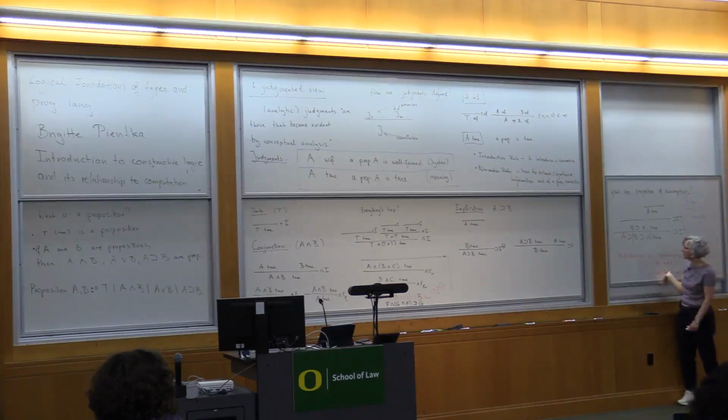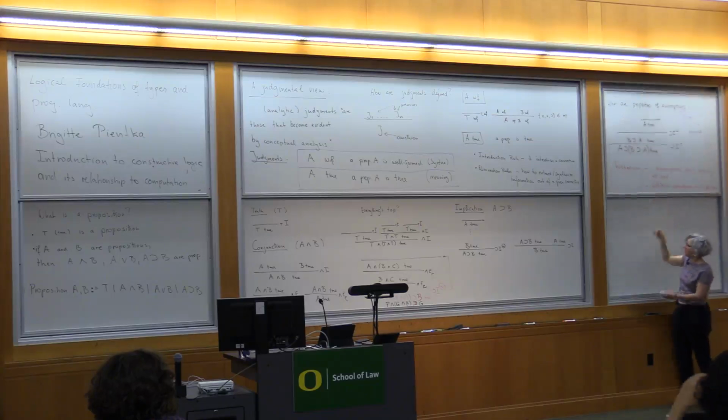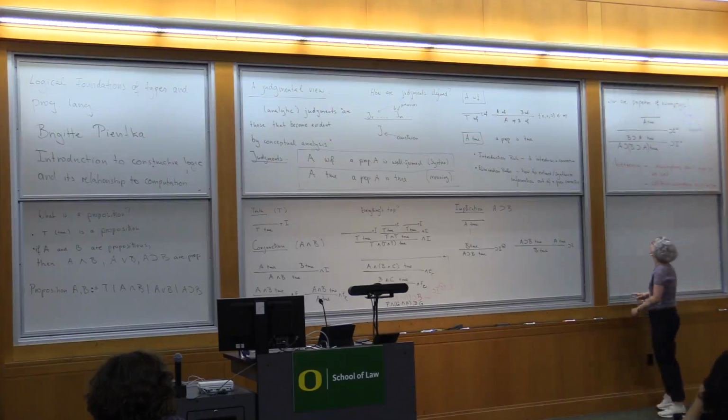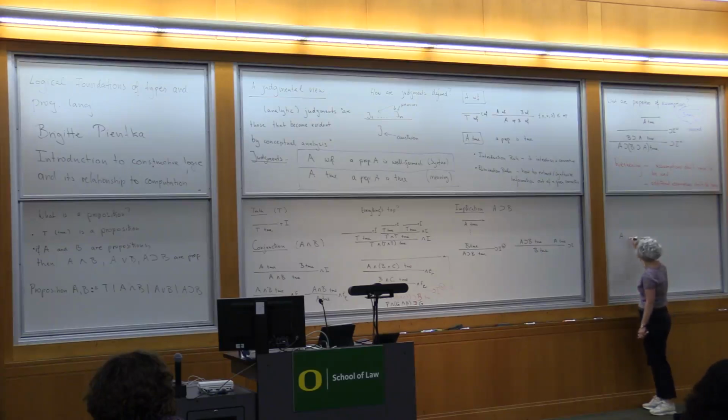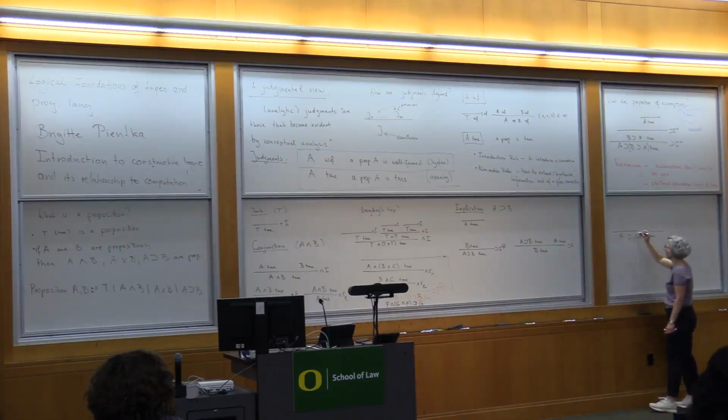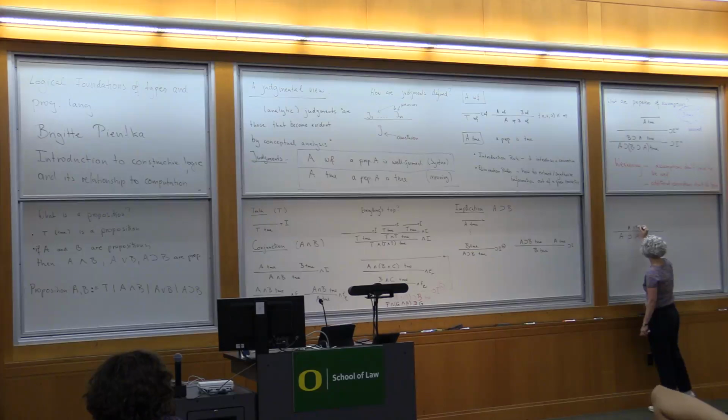But before I go to context, I'm going to talk about another property of these assumptions, which is the fact that you can use assumptions more than once. So you can use A to prove A implies A and A being true. How would I prove that? Well, I need to prove A and A being true.